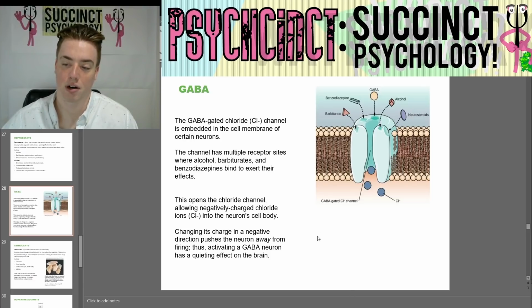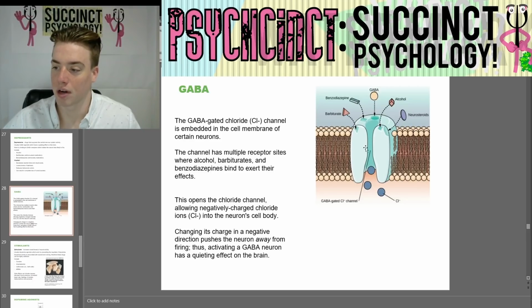Changing its charge in the negative direction pushes the neuron away from firing, thus activating a GABA neuron has a quieting effect on the brain. Here we have this nice diagram, with multiple receptor sites for alcohol, benzodiazepines, barbiturates, which bind to exert their effects.